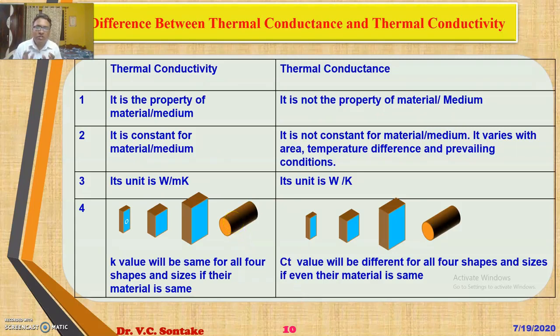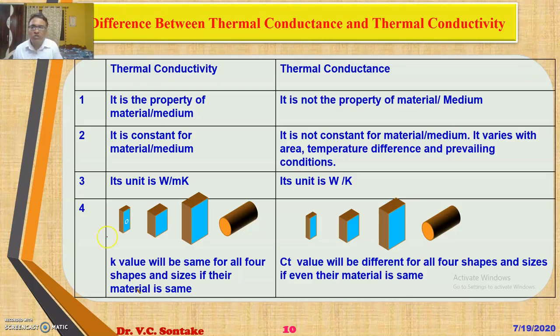Now here we have defined one property, thermal conductance. We have also defined one property of the material called thermal conductivity. From their names, both sound the same, but there is a big difference between thermal conductance and thermal conductivity as far as heat transfer phenomena is concerned.